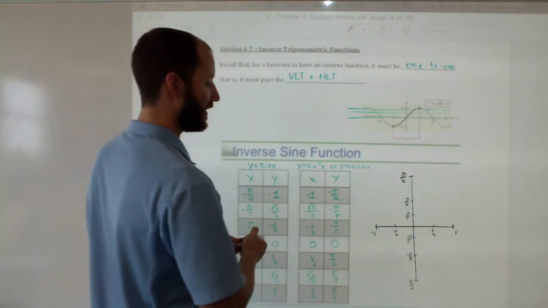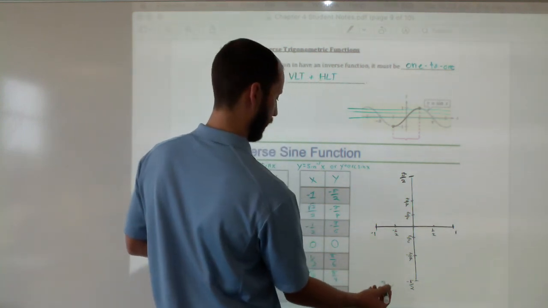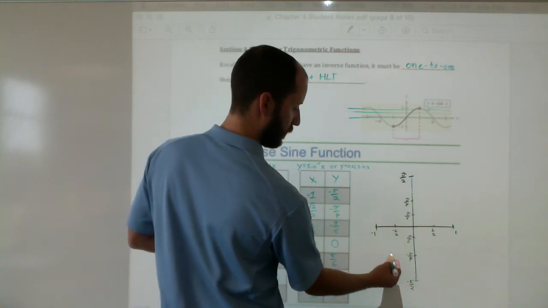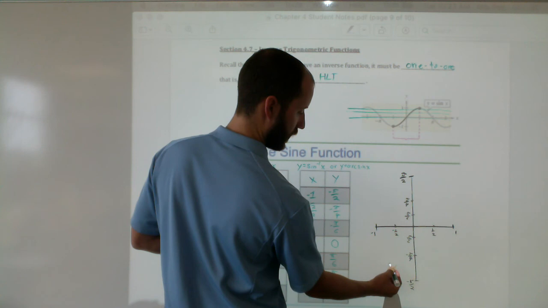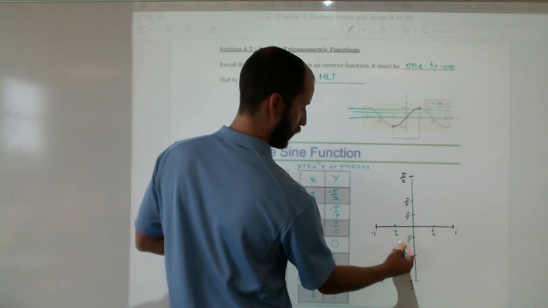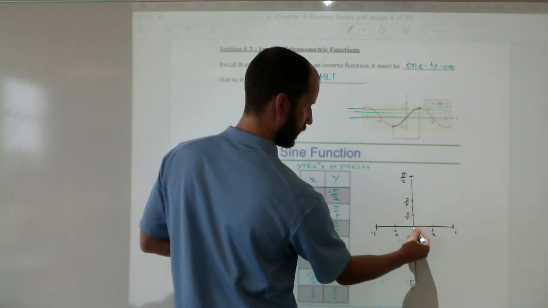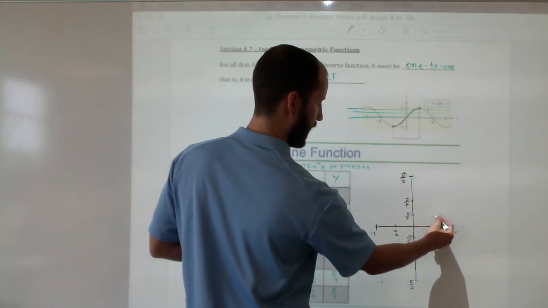So when we plot these values, we're starting down in the lower left, and then we're moving up: negative pi over 4, negative 1/2, 0 and 0, 1/2.